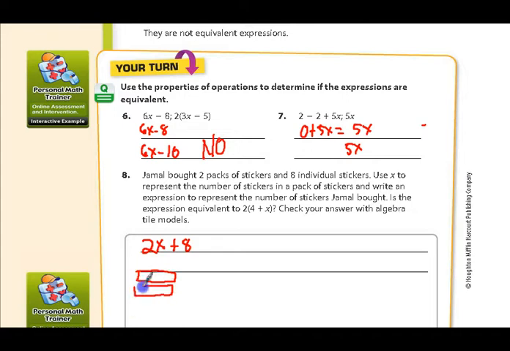And how many individual boxes? 8. Okay, so now we want to see if it's equivalent to 2 times x plus 4. So we need 2 groups of an x and 4 singles. So an x, 1, 2, 3, 4. Another x and 4 singles.